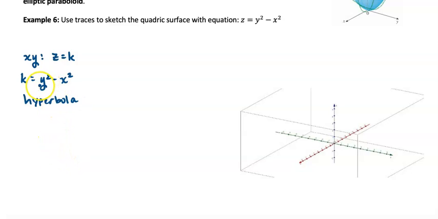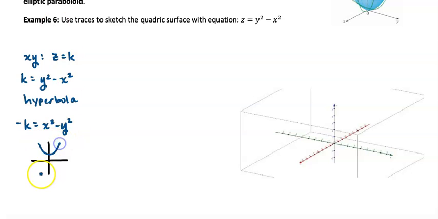And specifically, because this y squared is in front of the x squared, now we can rearrange this as negative k is equal to x squared minus y squared, right? Just multiplying everything by a -1. And in this form, I can more clearly see that this is a hyperbola that opens up and down, so whose conjugate axis is x.